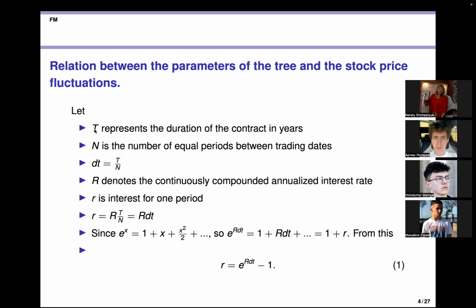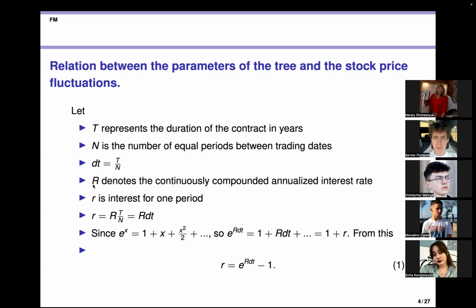So, for example, if capital T is 3 months, we need to compute how many days we have for trading, because there are days off, and we need to subtract these days off and compute just the number of trading periods. After that, we can obtain dt. It is the duration in years divided by the number of equal periods.